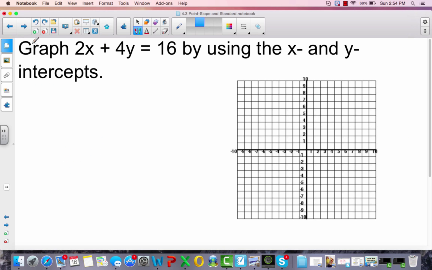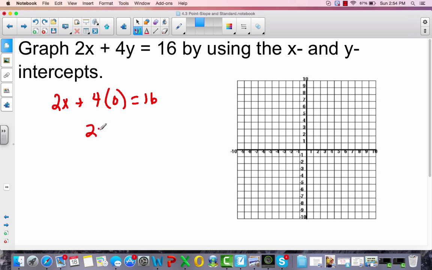So let's graph 2x + 4y = 16 by using the x and the y-intercepts. The information I just told you was that the x-intercept occurs when the y is 0. So what we do to find the x-intercept is we go 2 times x plus 4 times 0 equals 16.